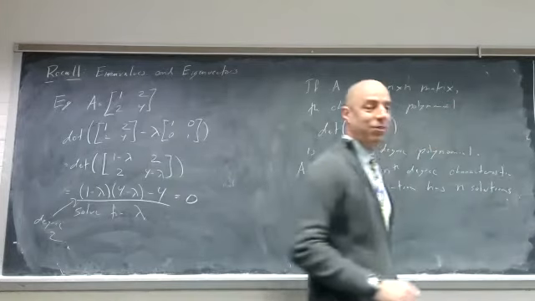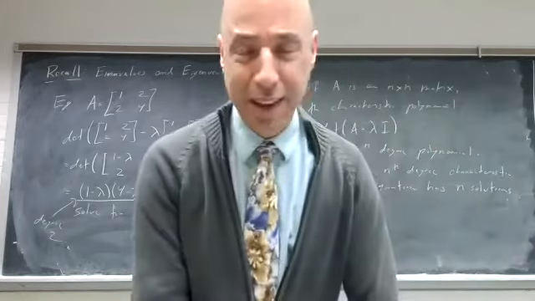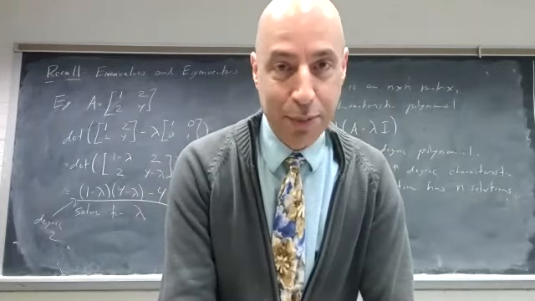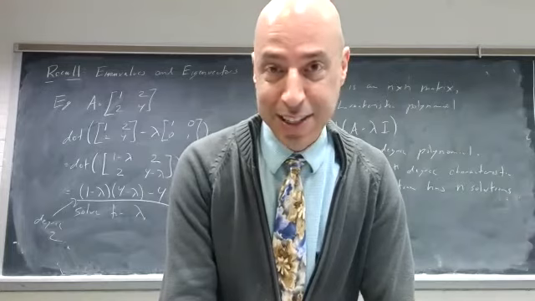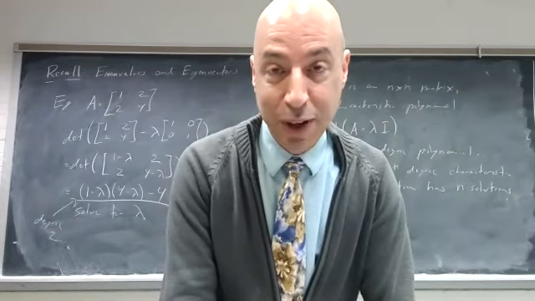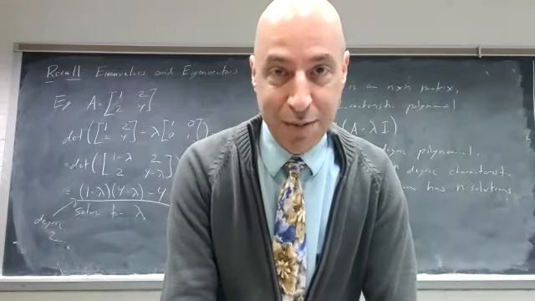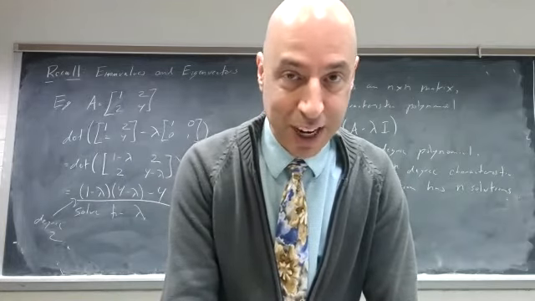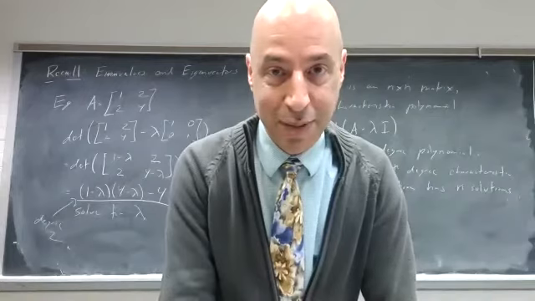You've known that since pre-calculus. A second degree polynomial, like a parabola, crosses the x-axis at most twice. A third degree polynomial crosses at most 3 times. A fourth degree polynomial crosses at most 4 times. It doesn't always cross the x-axis that many times.